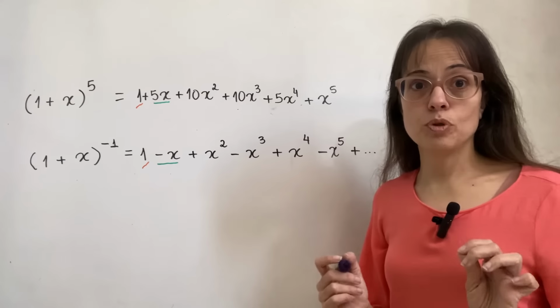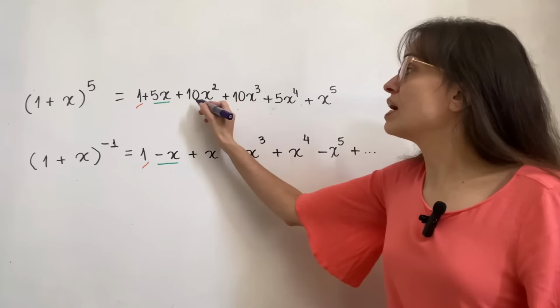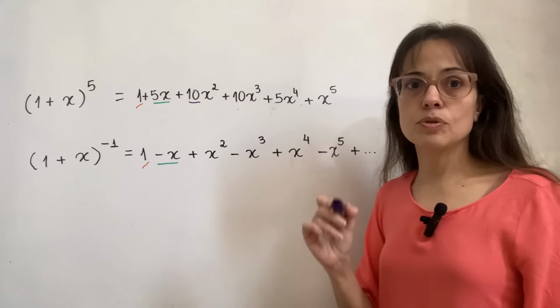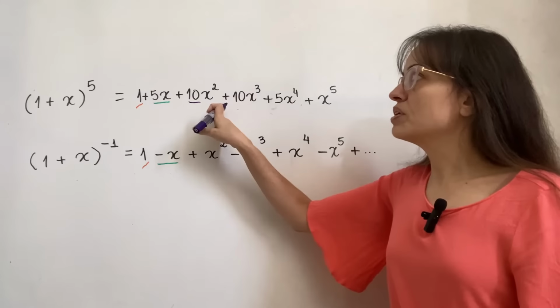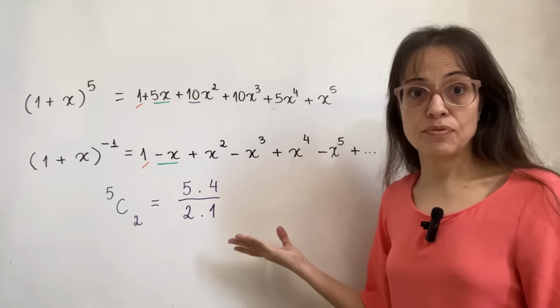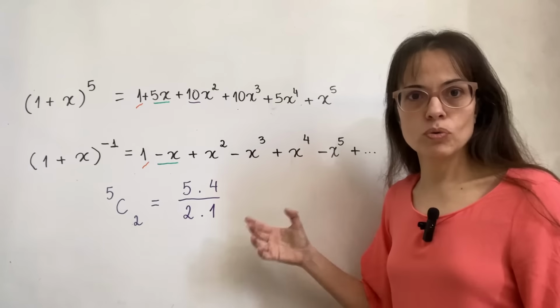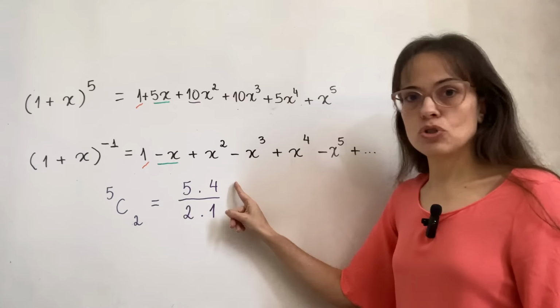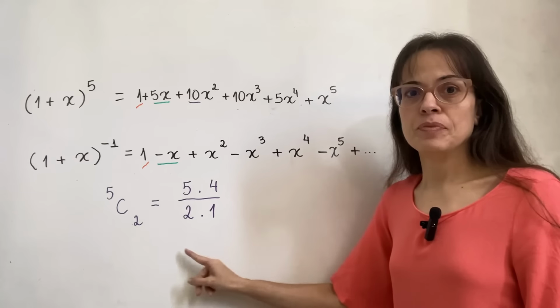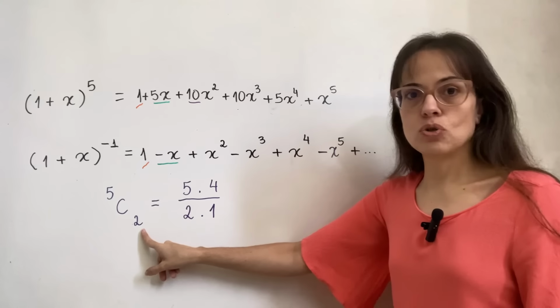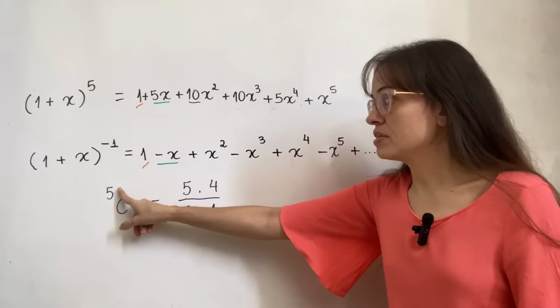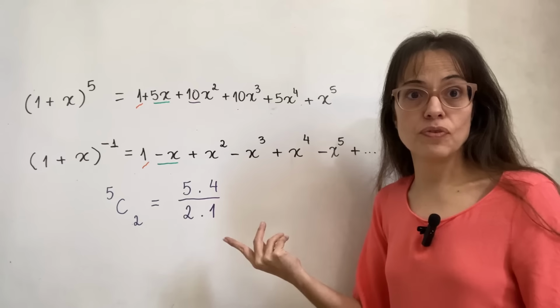But let's see what would be happening in the next term, because we have a 10 here, and we know that 10 was 5c2. And 5c2, like we mentioned, only has 2 factors on top and 2 factors in the bottom. In the bottom, it has the 2 factorial, and on the top, it starts at 5 and has 2 factors.